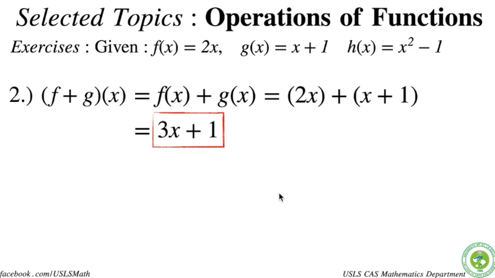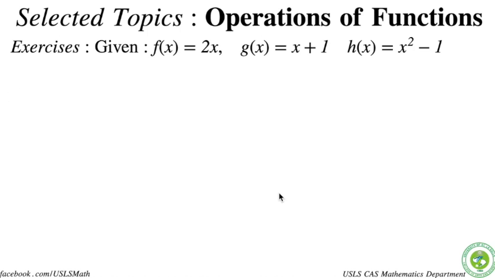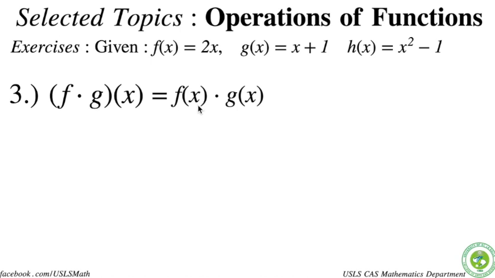Okay, hopefully you got it right. Number 3, we have f times g of x. F times g of x, simply put, is multiplication. So f of x times g of x, there are the values there. That will become 2x times x plus 1. Now we're multiplying a monomial by a binomial, so we're just going to distribute by the distribution property. 2x times x is going to become 2x squared by our law of products.